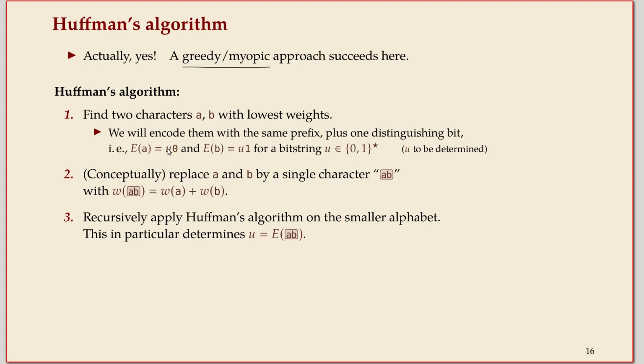Now, once we've committed to doing this, we can conceptually replace those 2 characters by a single one. And here, I used the same graphic notation that we had for the suffix arrays in the last unit.